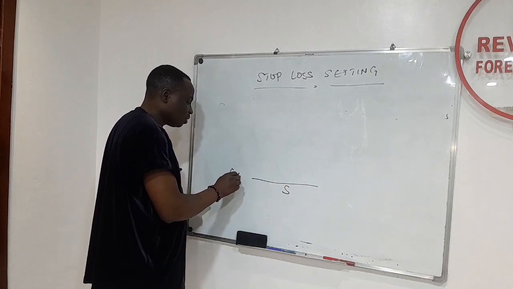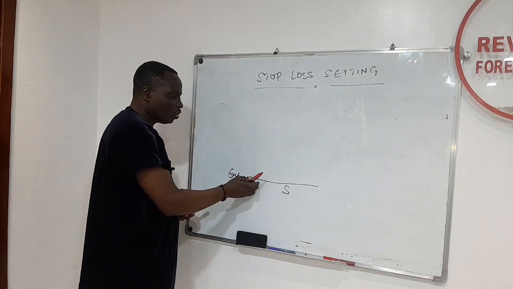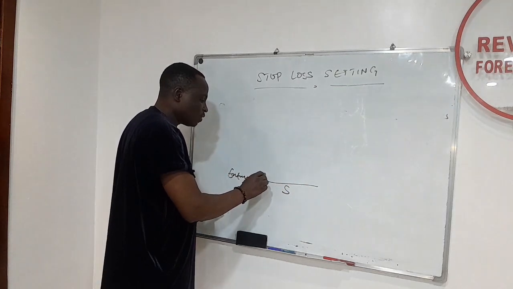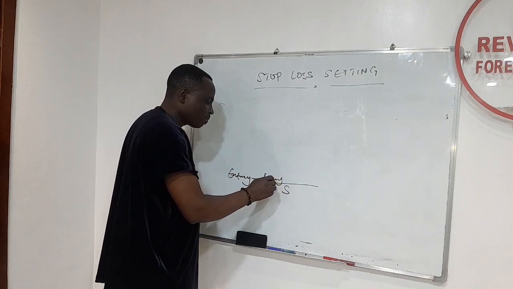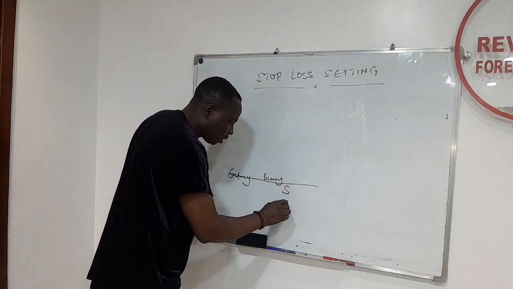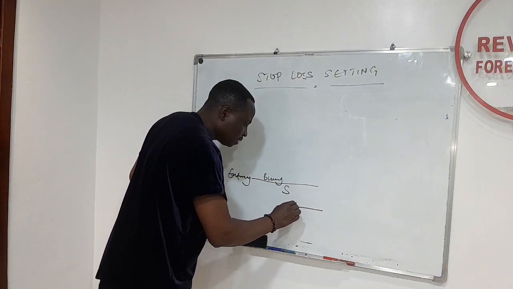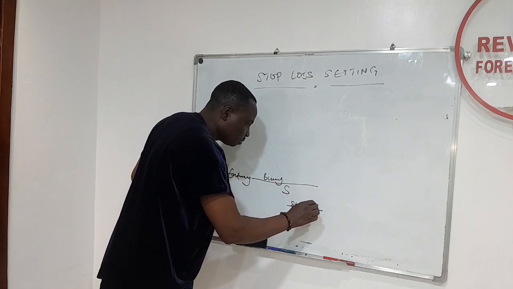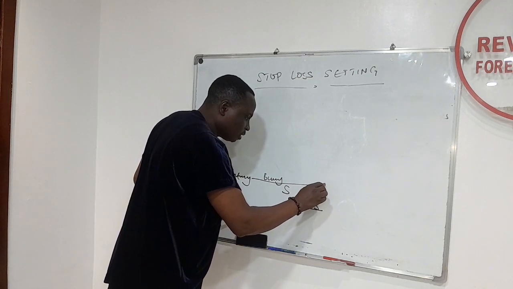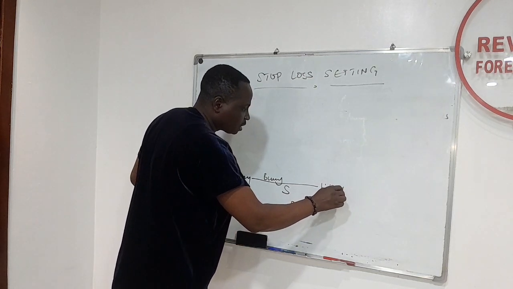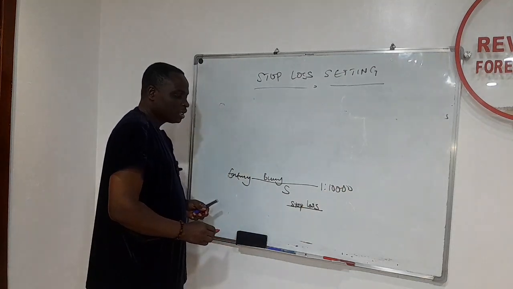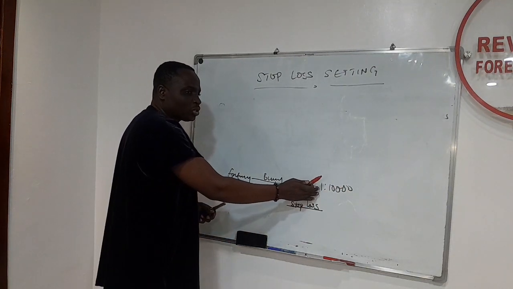So this is your entry, your key level. If you're buying the market from here, your stop loss will be below your entry. For example, 110.100, based on your risk tolerance.